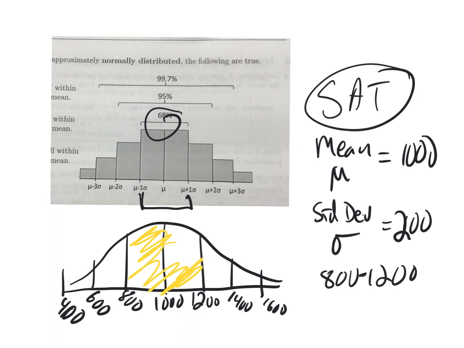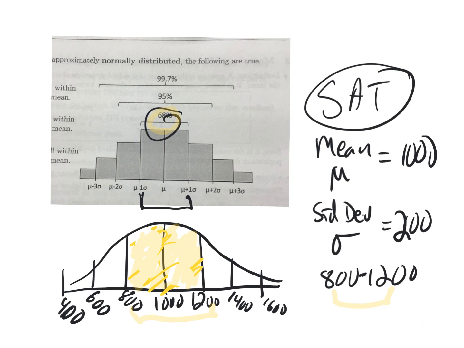No, that's an eraser. It's going to erase everything here. Let me see if I can do a highlighter for yellow. Yeah, that's what I wanted. So that represents that area there, right? One standard deviation below to one standard deviation above, and I know it's that because it's going from 800 to 1,200. So 68% of the test scores will be between 800 and 1,200. So average scores, a little bit below, a little bit above.